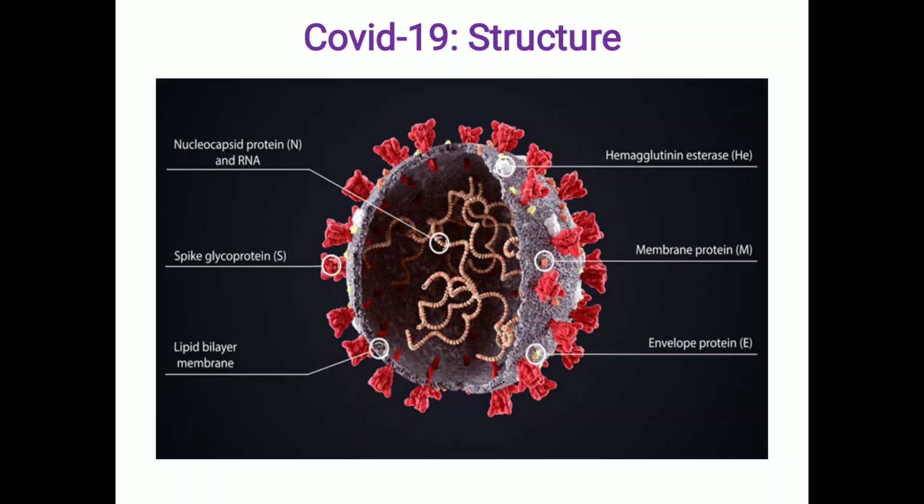Then there is an enzyme, hemagglutinin esterase, but this enzyme is not responsible for replication. And there is the lipid bilayer membrane, and the outermost part of the COVID-19 virus is the spike glycoprotein. So these are the structural components involved in the COVID-19 virus.